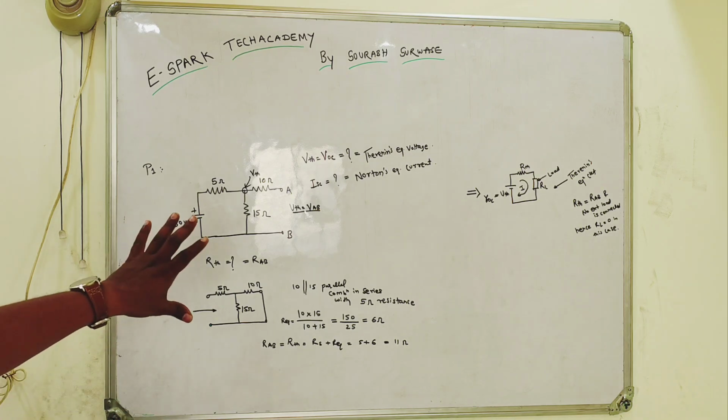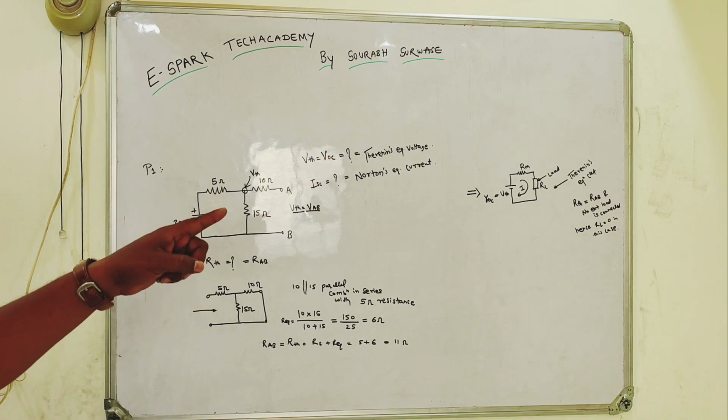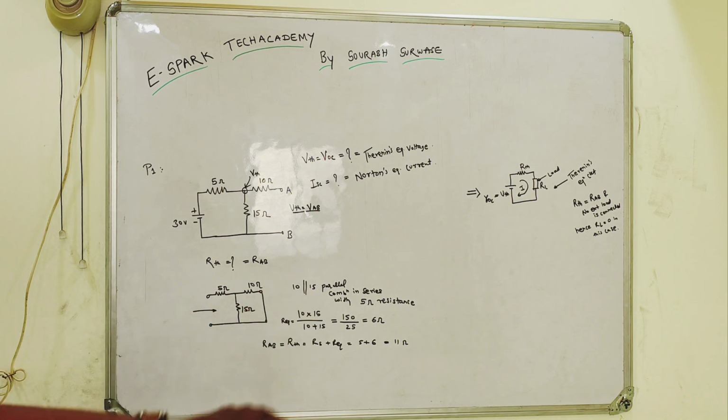Just write it down. Now I will be showing you the Norton's equivalent circuit. This is Thevenin's equivalent. Now you will be going with Norton's equivalent circuit. Please have a look through it. You will find out one thing. The resistance in series with the RTH resistance will be in series with RL, which is nothing but a load resistance.